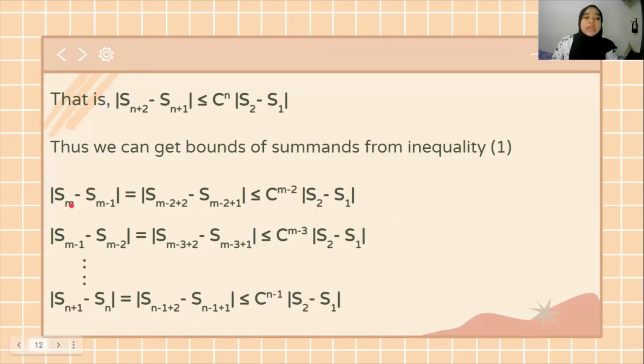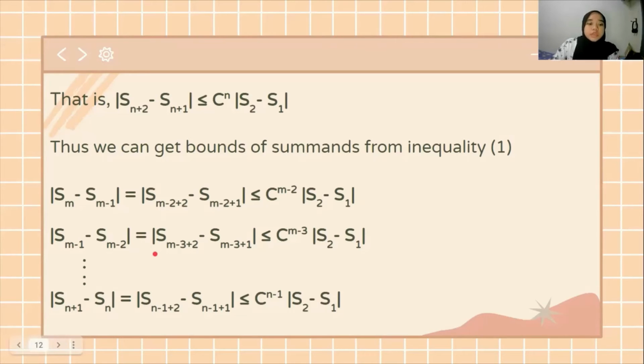So |S_m - S_{m-1}| = |S_{m-2+2} - S_{m-2+1}|, which is less than or equal to the constant with power of m-2 times |a_2 - a_1|.